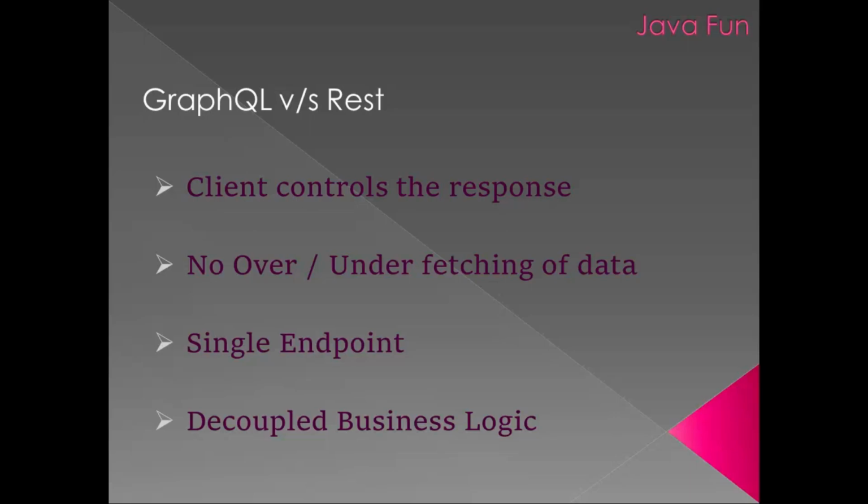That endpoint accepts something called a GraphQL query, and using that query, the delegation of your responsibilities happens to fetch the data from the server side. Once we go to an example, that will be clearer, and there will be decoupling of the business logic. Suppose there are two entities on the server side and you want to combine the data of both those entities and send it back as a response to the client side.